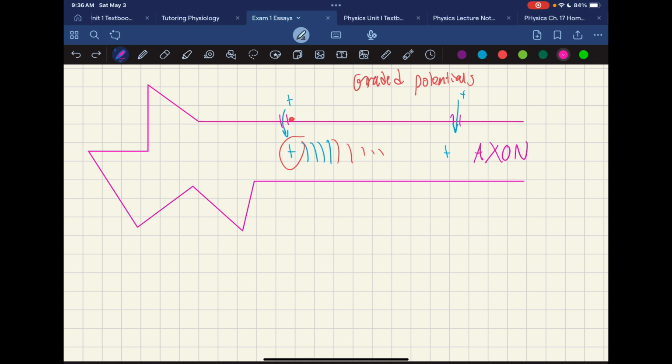Then we go into summation. Multiple graded potentials can add together. This comes in two different kinds, temporal and spatial summation, to reach the threshold at the axon hillock. And the axon hillock is right here.